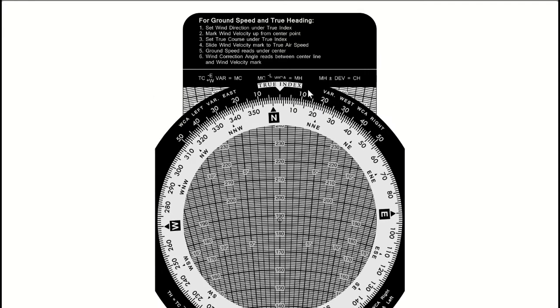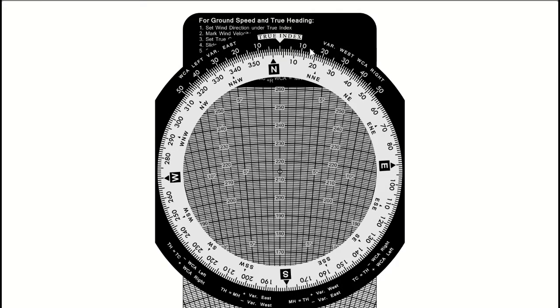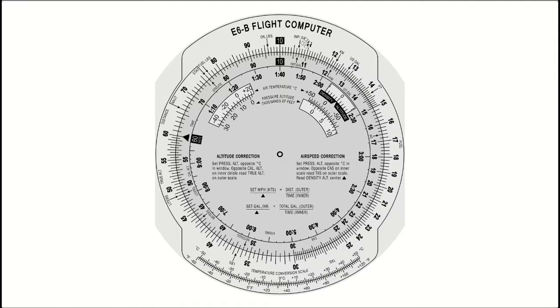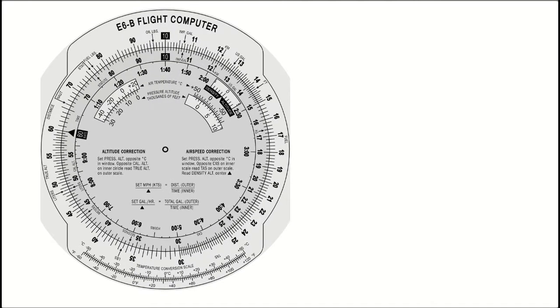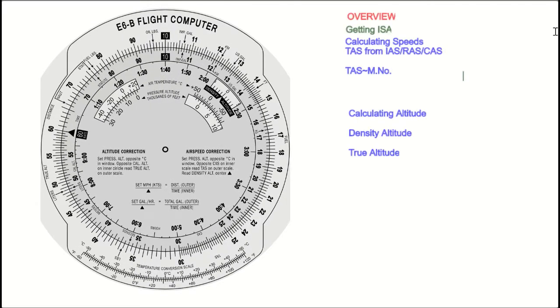This wind side is primarily used to solve wind triangle problems, and we are not going to look at it at this stage. Sometime later, in another class, we'll have a look at that. In this class we are going to look at how to use this slide rule side. So let's get started.